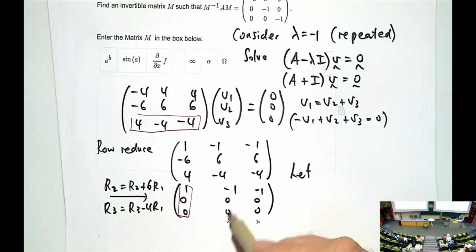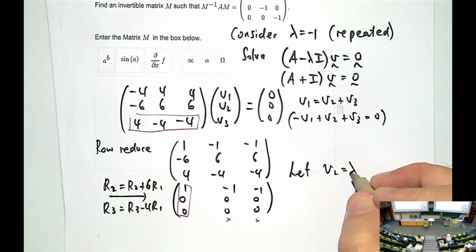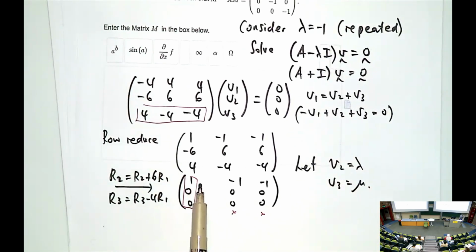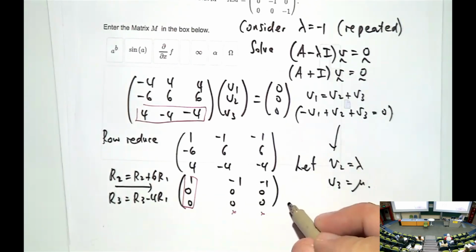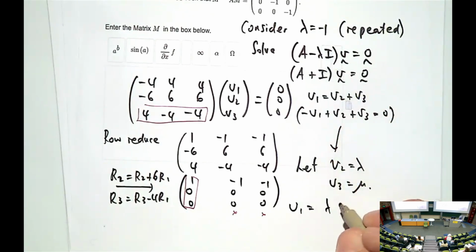So this variable is your V2 variable, this is your V3. So I'm going to let V2 equal lambda and V3 equal mu. So the top line will say V1 equals V2 plus V3, lambda plus mu.